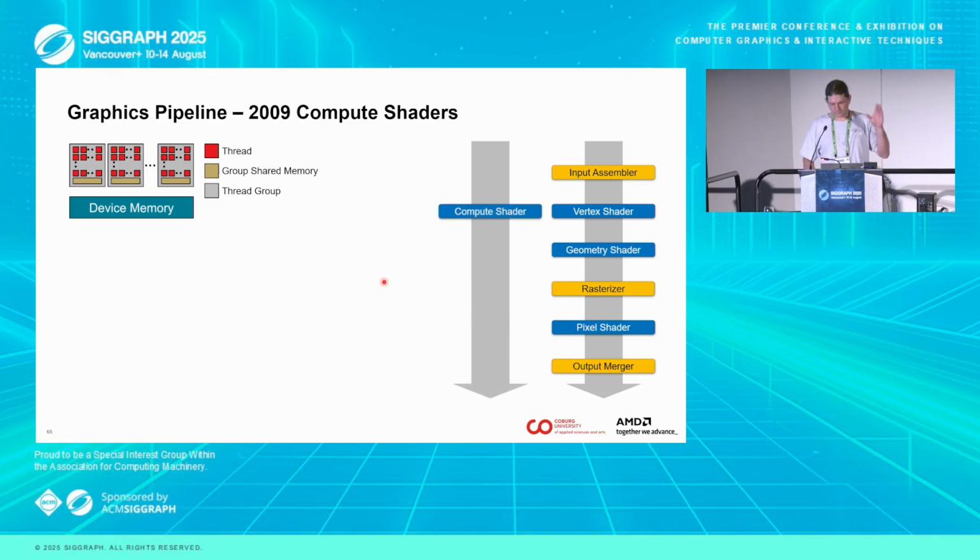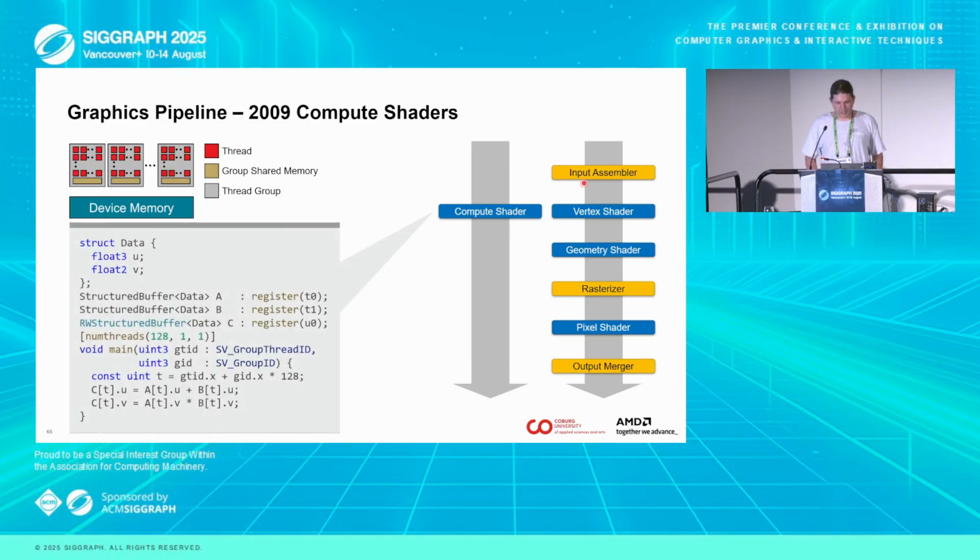So what has happened now is that we have two coexisting pipelines, a very simple one, the compute shader, and our graphics pipeline, which gets more complex. The compute shader you can program relatively easily. All you need to do is write some shader code for this, very similar to a vertex shader, except that you have to identify what group you're in or what thread you are within your group.